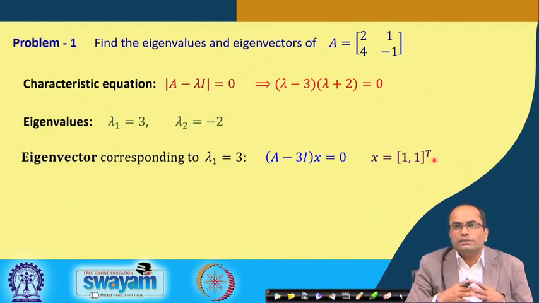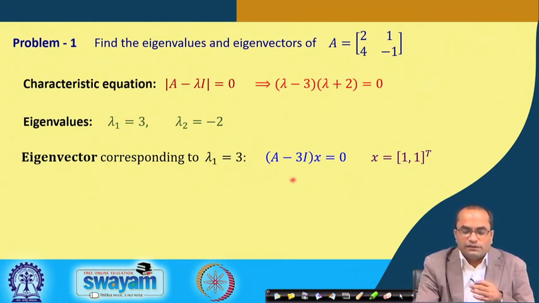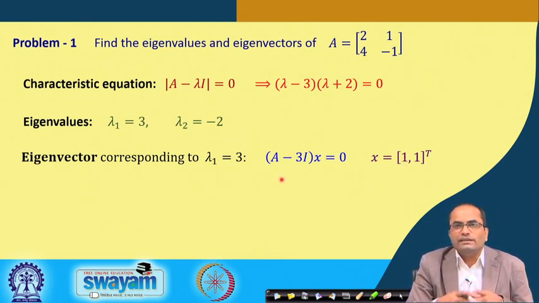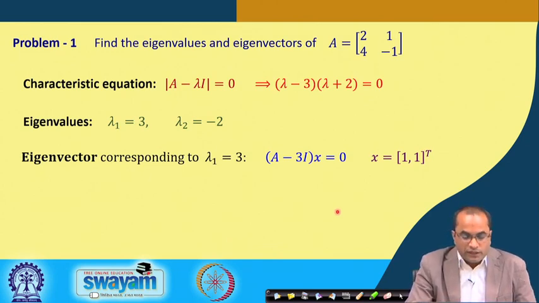Any multiple of this will be an eigenvector, because that is the solution of this, and this is the generator of the solution, or the basis of the null space of this A minus 3I matrix. That is the vector x which we call the eigenvector.